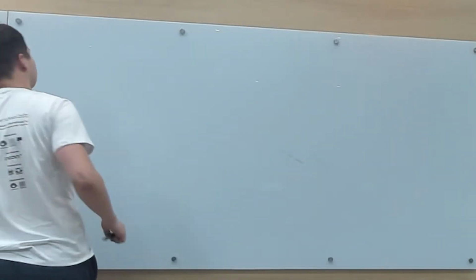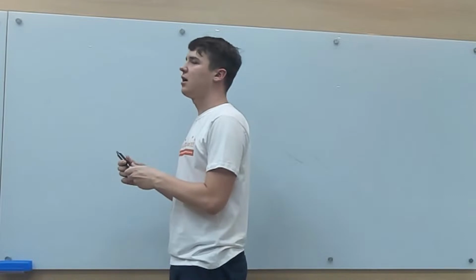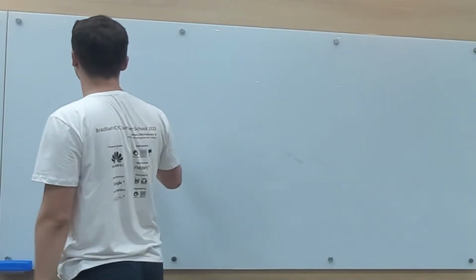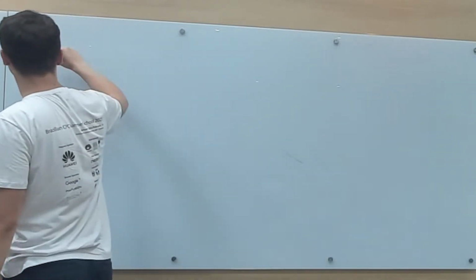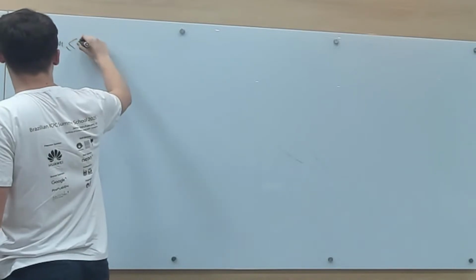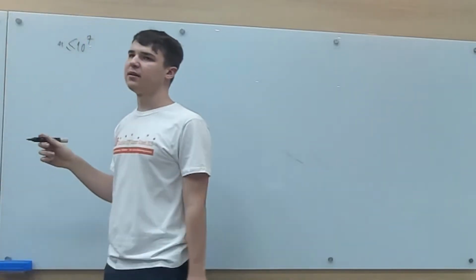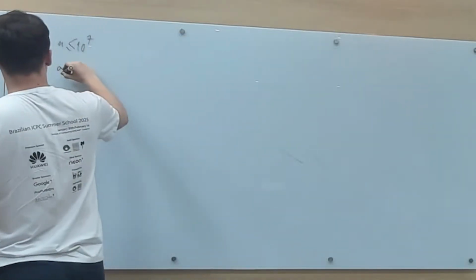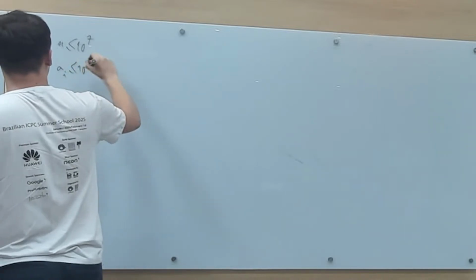Okay, so let's say that there is a sequence of n integers, n is 10 to the power of 7, and a_i is up to 10 to the power of 9.